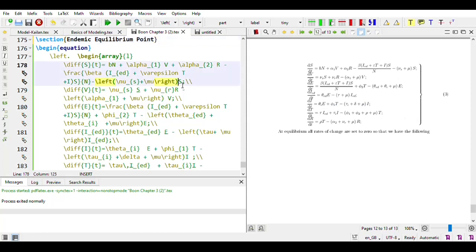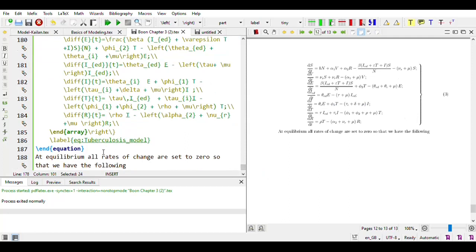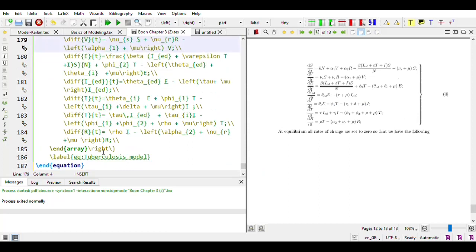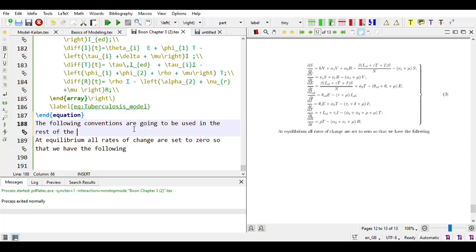So let's do that. We are going to set the following conventions, which are going to be used in the rest of the analysis.